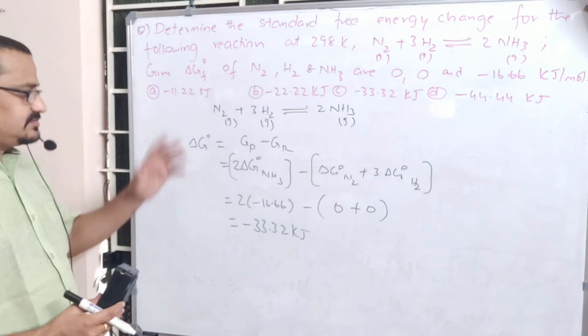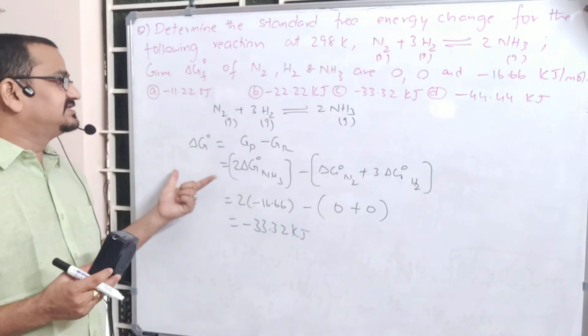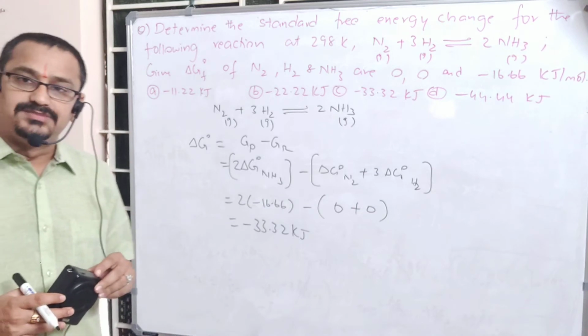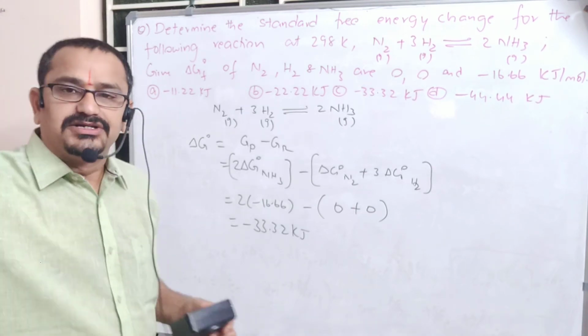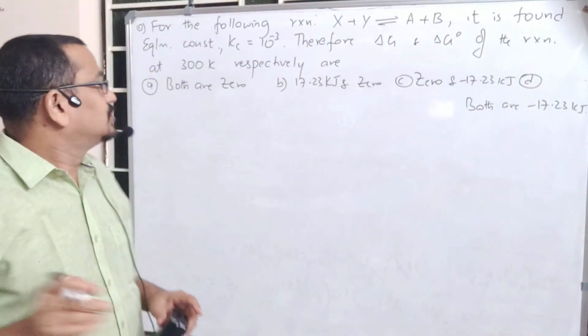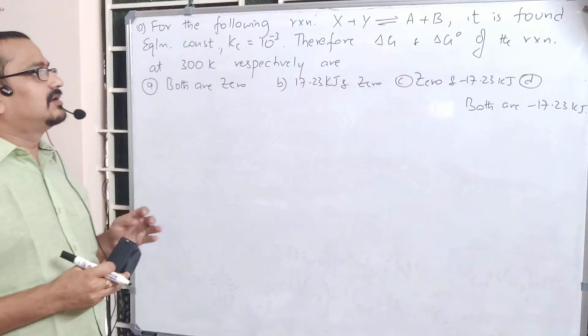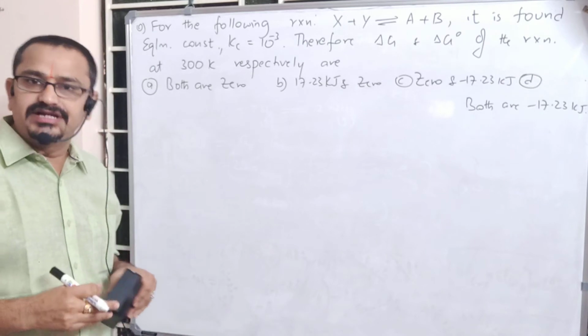Right? To be aware of this relation, I had given one question on Gibbs energy change. So let us see one more question on the same relation. Let's have one more numerical on the Gibbs energy or free energy concept.